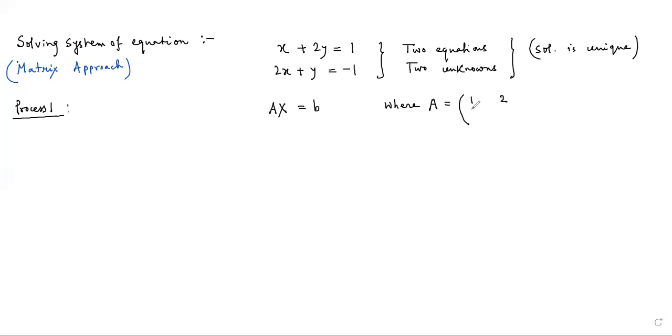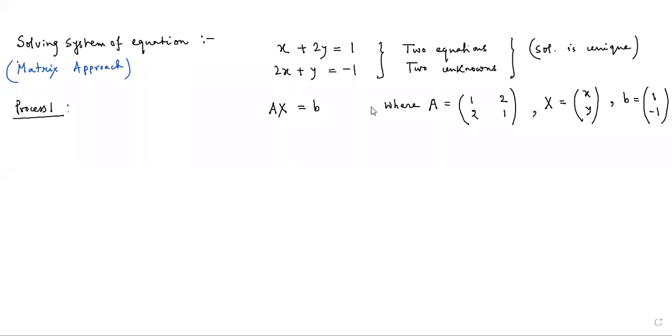In the second row, we write 2 and 1, where 2 is the coefficient of x in the second equation, and 1 is the coefficient of y in the second equation. Also capital X is the column matrix given by x, y, and small b is the matrix on the right hand side, which is given by 1 and -1. This is how we represent the system, and we can multiply the matrices to get back the original system of equations.